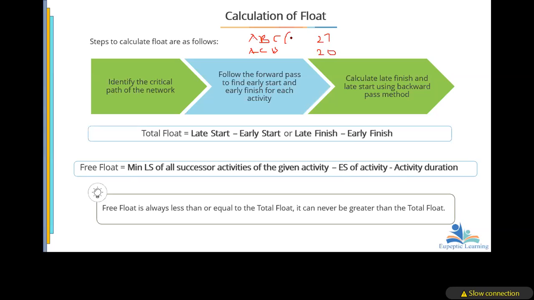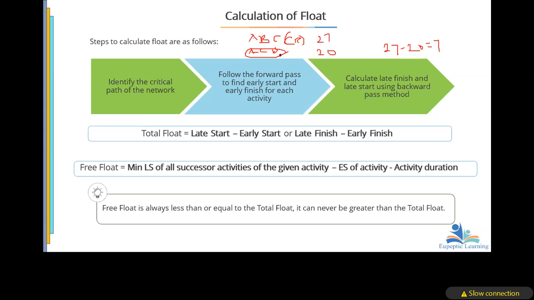If we have established that this is the critical path, then the float here on activity ACD is going to be 27 minus 20, which is equal to what? 7 days. And this 7 days is on the path, not just on A. So it can be distributed amongst the activities.